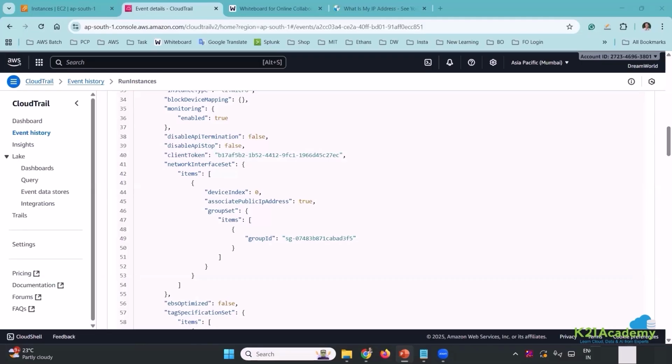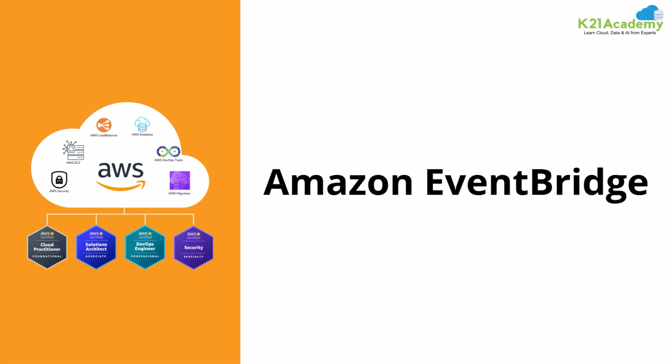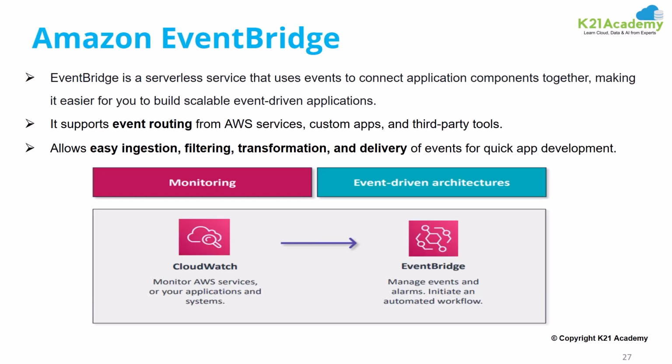So there is one service called EventBridge. This EventBridge removes the friction of writing point-to-point integrations. You can also access the changes in data that occur in both AWS and SaaS applications through a highly scalable central stream of events.